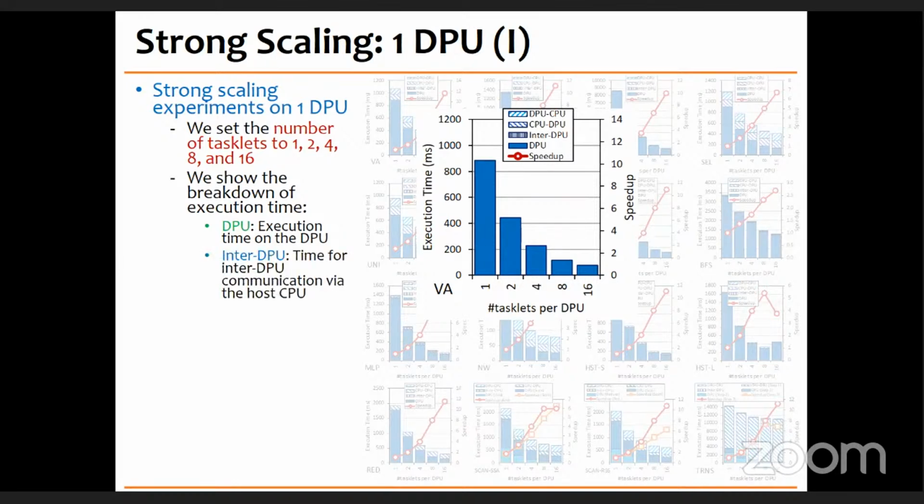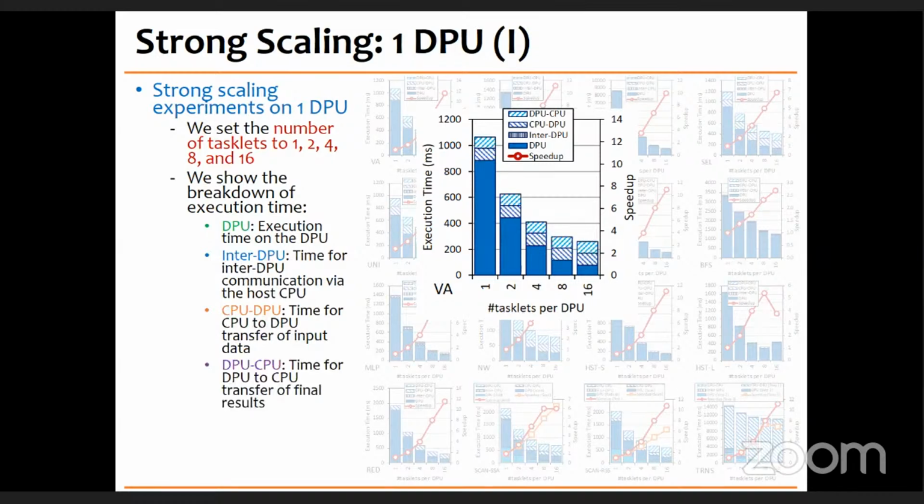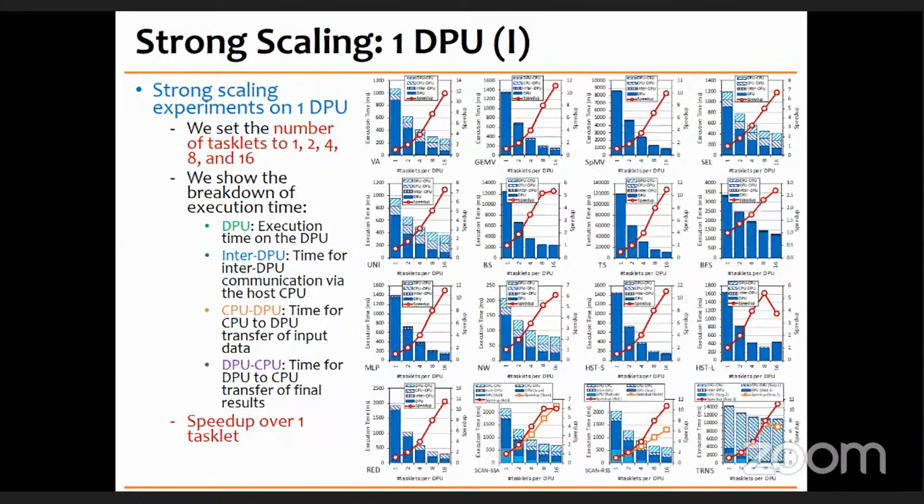Then there is inter-DPU synchronization time; in this case, there is none for vector addition. Then the time to transfer input data from CPU to DPU, and the time to transfer the final results from DPU to CPU. And we also show the speedup. This red line shows the speedup for the execution of the DPU kernel.